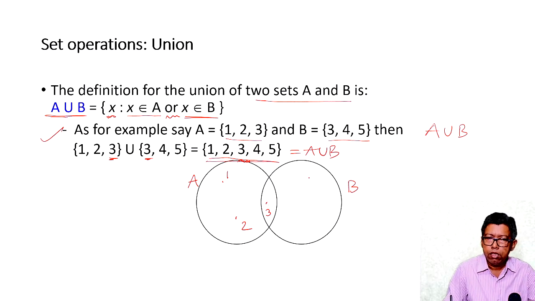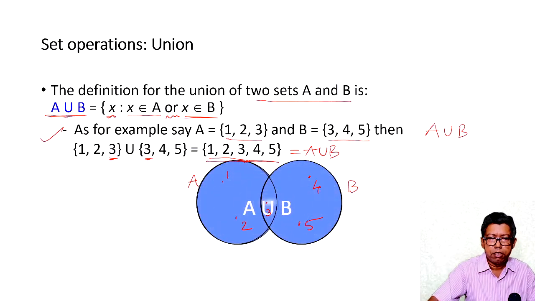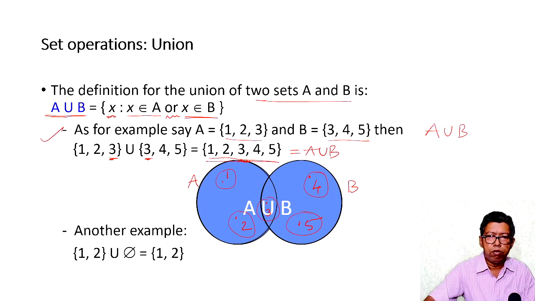If you want to get all the elements of A and B together, that is A union B, then you will get this part. The blue part is the combined part of A and B, and A union B has the elements 1, 2, 3, 4 and 5. So this is the presentation of union.